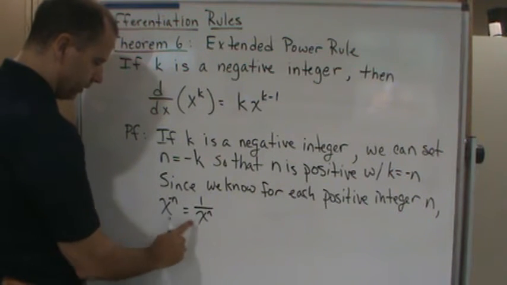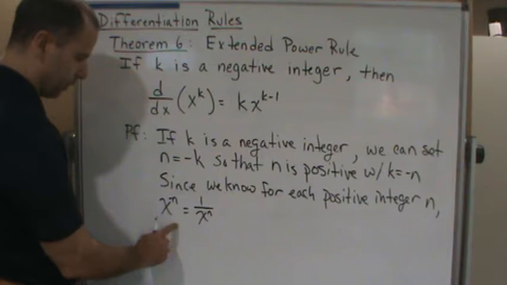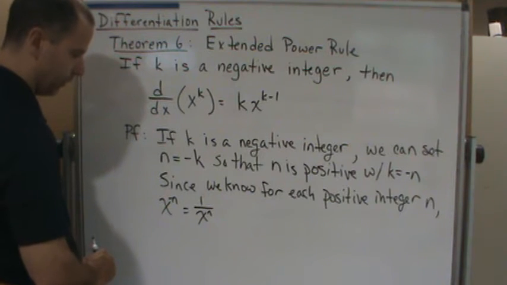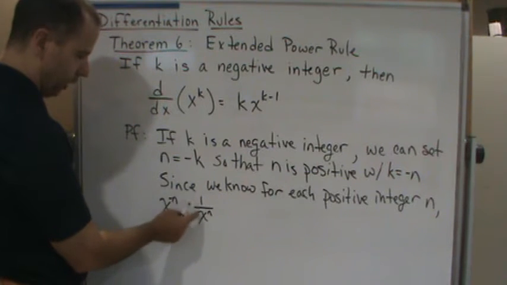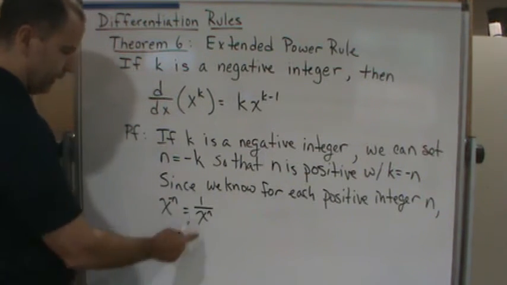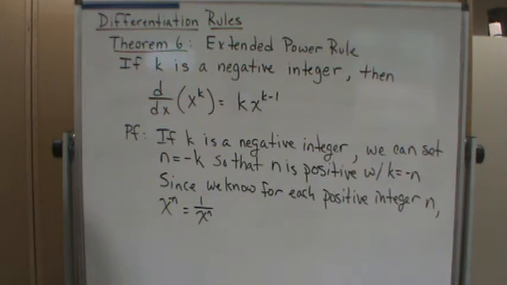This here we should know. This is just a property of exponents that we all should know. We know that for any positive integer n, x to the negative n is the same as the reciprocal, 1 over x to the n.